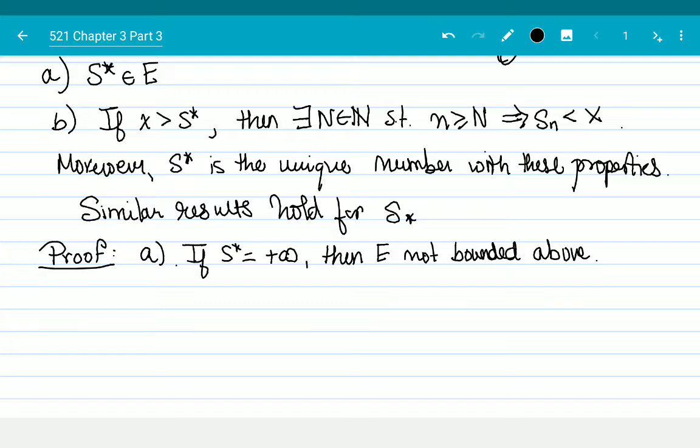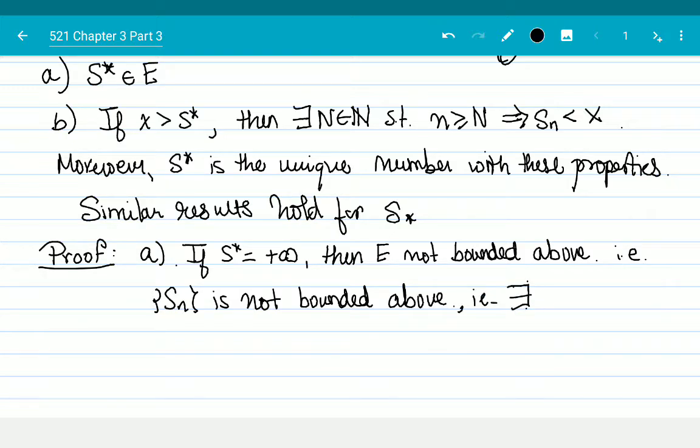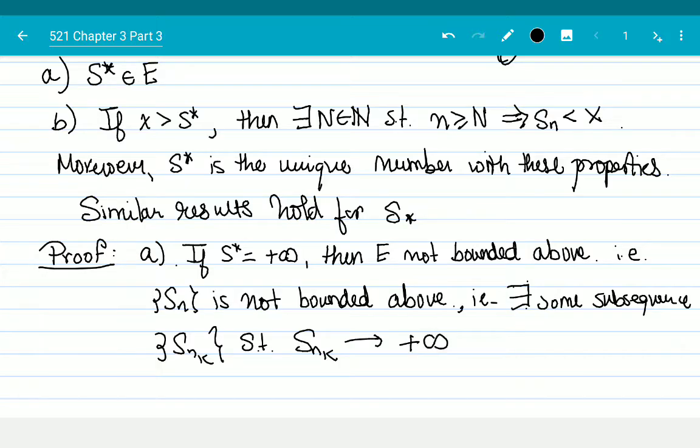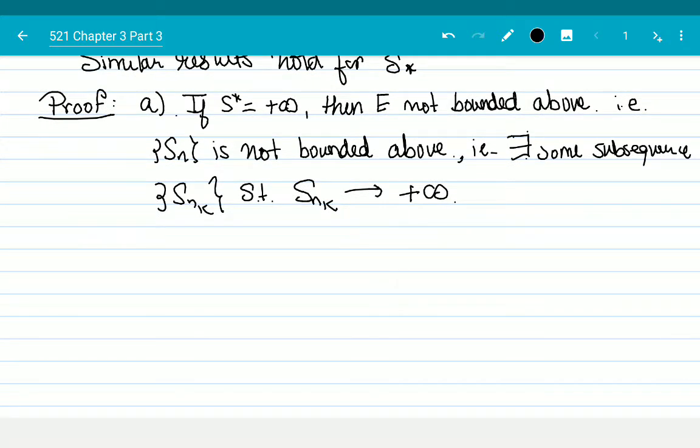Therefore, there exists some sequence which is not bounded, i.e. Sn is not bounded above, i.e. there exists some subsequence Snk such that Snk converges, or diverges, whichever way you want, to positive infinity.